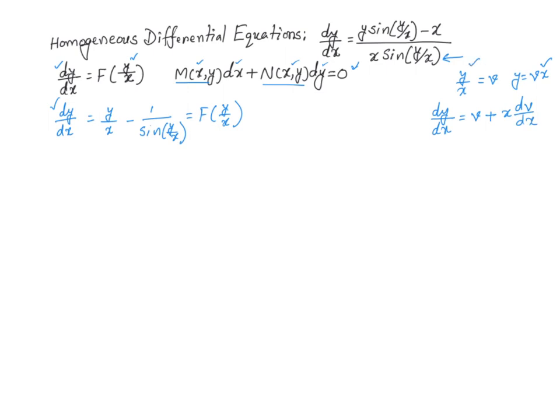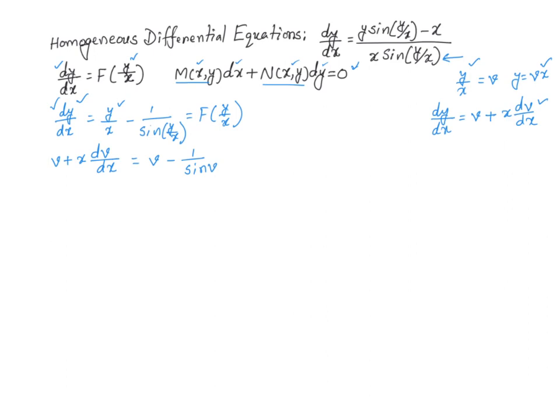And now I can take this value and plug it into this equation. So that's going to give me v plus x times the derivative of v with respect to x, and that is going to be equal to v minus 1 over sine of v.